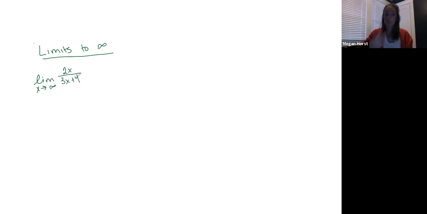Remember when we were graphing rational functions? If we were graphing this rational function, because these degrees match, we had a horizontal asymptote at y equals 2/3, right? Whatever this ratio was.